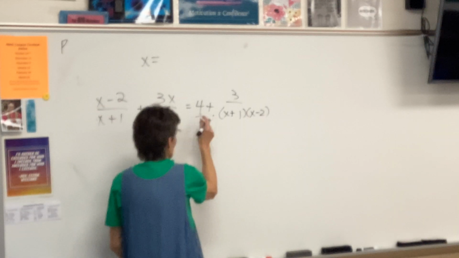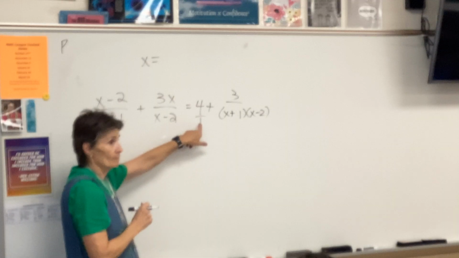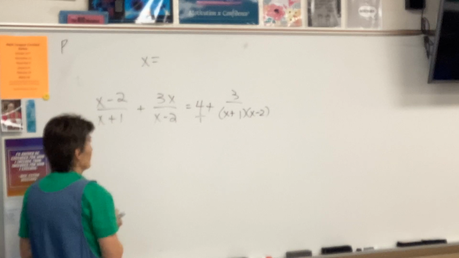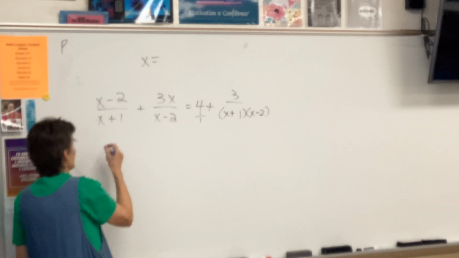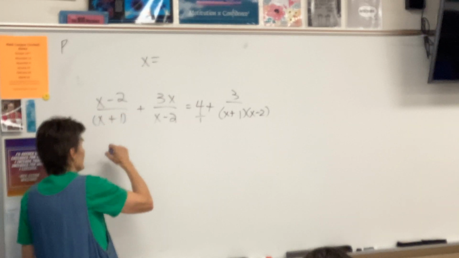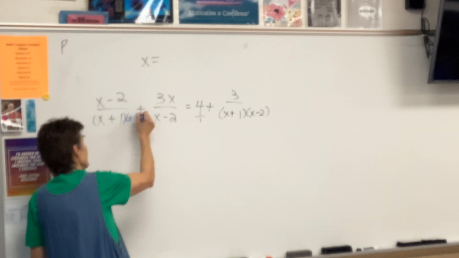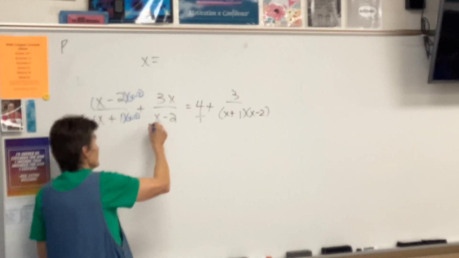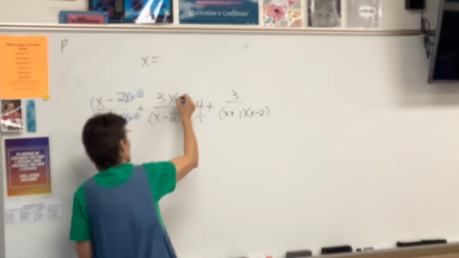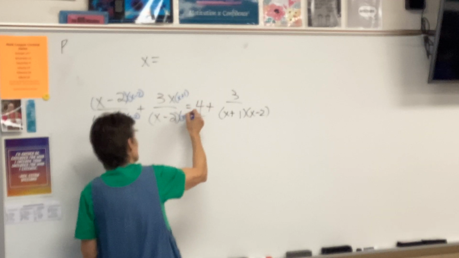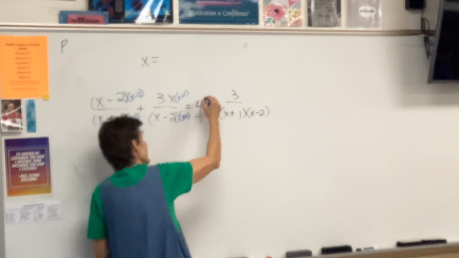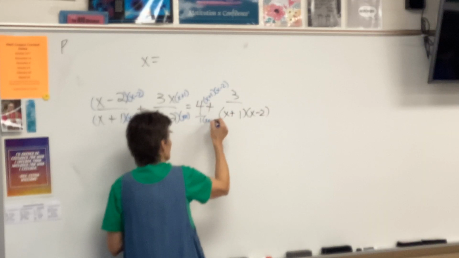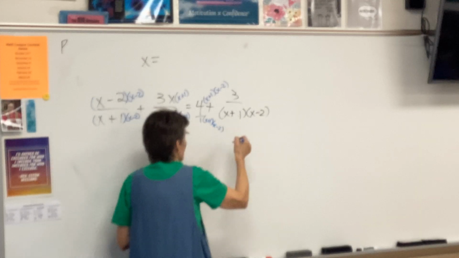This is actually a fraction also. So when you get your denominators to match, they all got to match. So this one is going to get an x minus 2. Tell me if you're not following what I'm doing. This one is going to need an x plus 1. This guy is going to need them both. And that guy needs nothing.